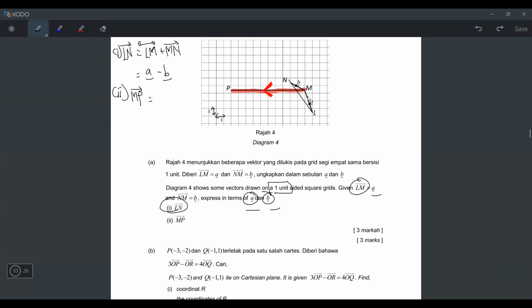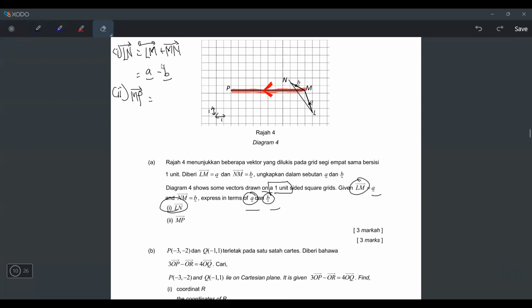Maybe it's supposed to go down, so you go negative A, then negative A again. Then you do negative B, going like this, and negative B again. You can also get the answer like this, but it's very slow and not a reliable method.